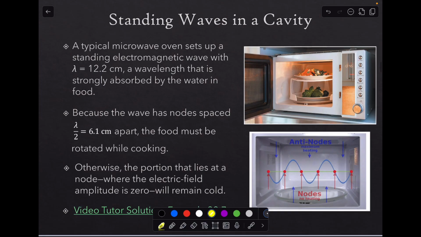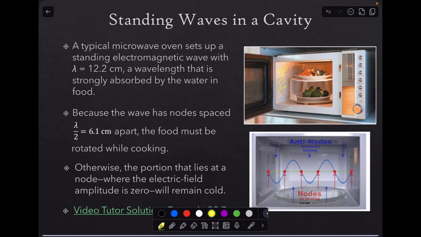So where do standing waves come into play? Well, when we heat up our food, we're creating standing microwaves in a cavity, the cavity being your microwave. And that's why the walls of your microwave are metal, a thin metal, because we want the waves to bounce back and forth inside this cavity, creating a standing wave.